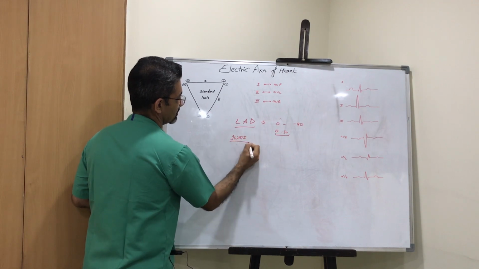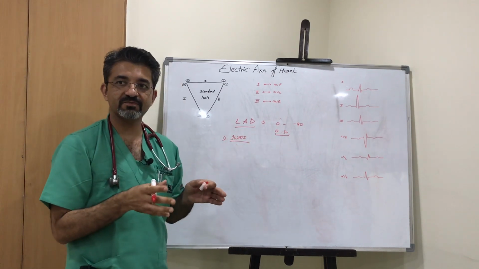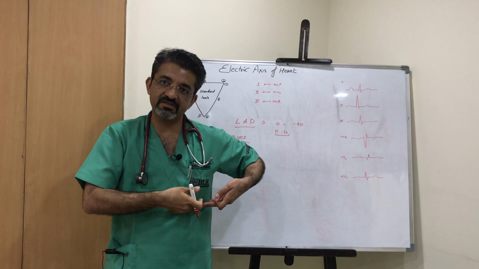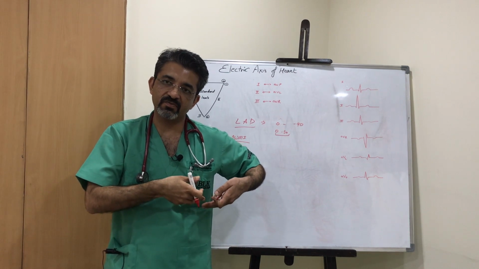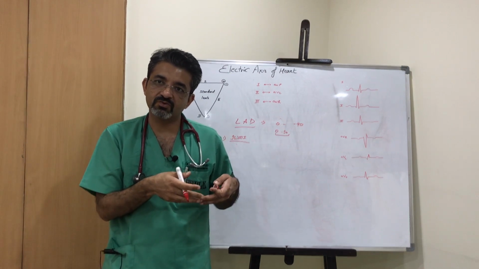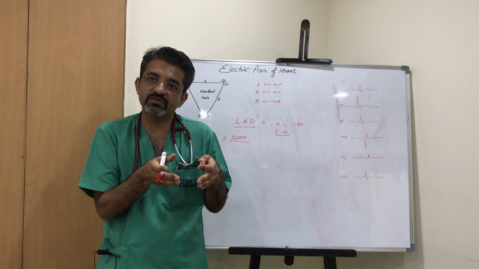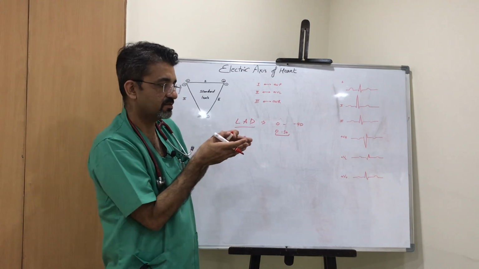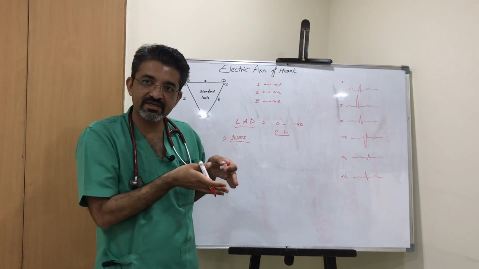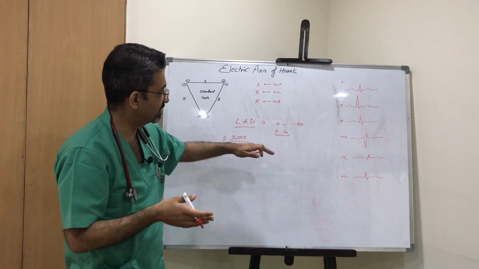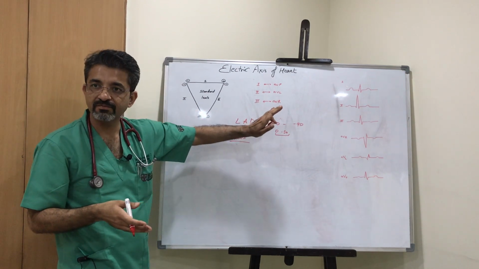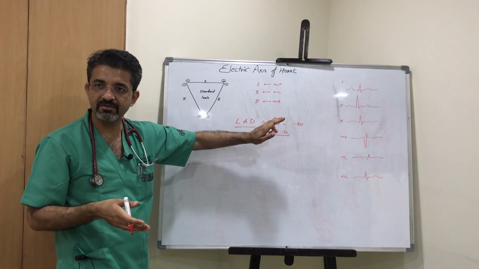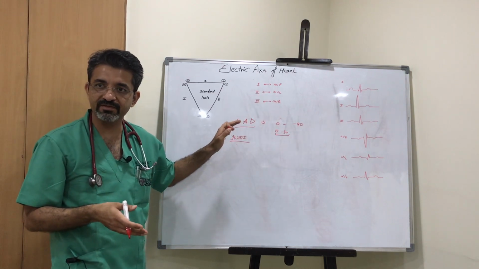Just imagine my inferior part is injured. Where should the QRS move? It moves superiorly and leftwards. So the electrical axis goes left, right? So the principle applies very smoothly here.